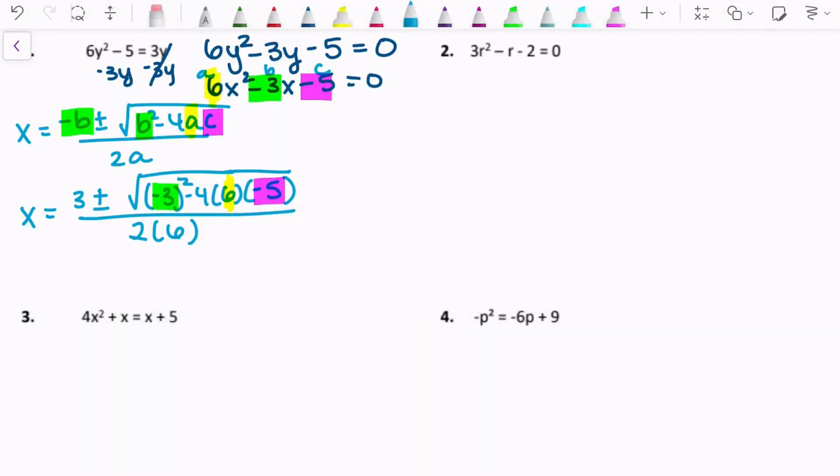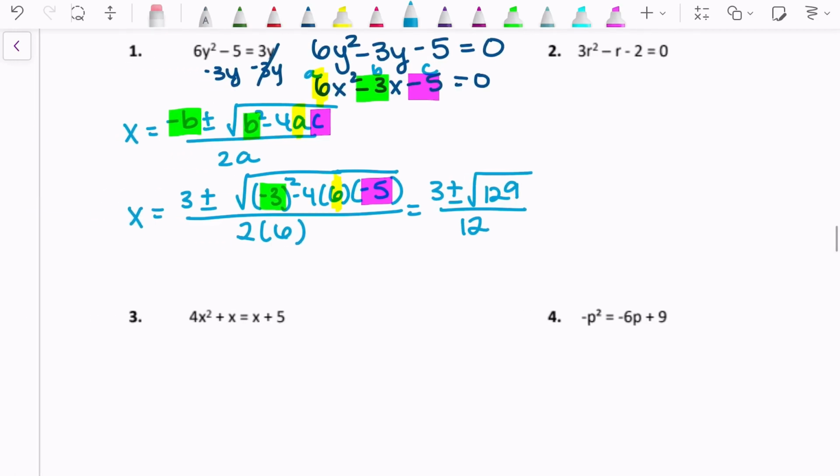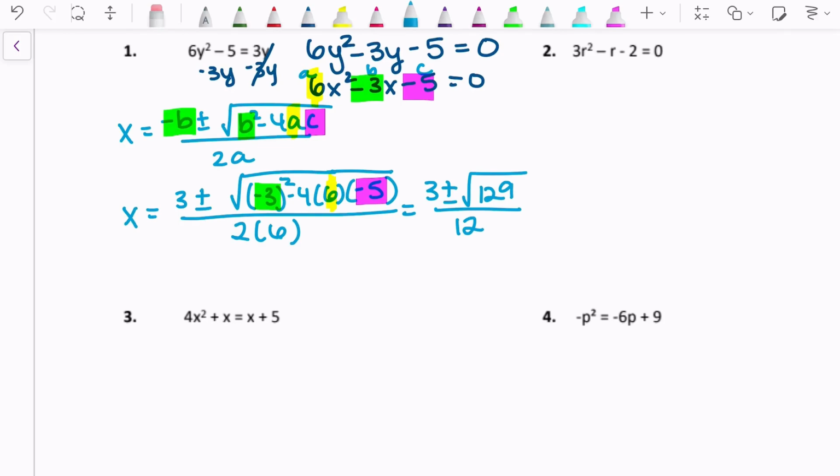All right, so I have 3 plus or minus the square root of 129 all over 12 because 2 times 6 is 12. Now, I'm going to try to simplify the square root of 129, and I'm just going to do that off to the side here. And I already know that that is not a perfect square, but I'm going to start just trying to divide it.